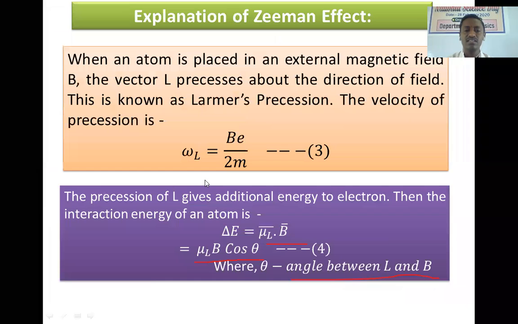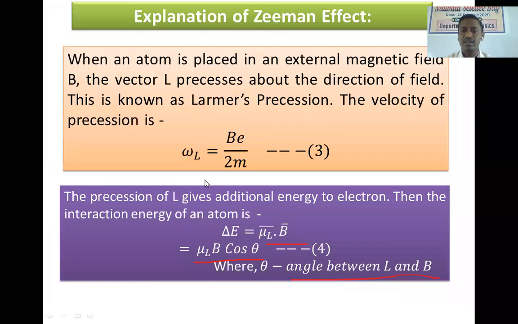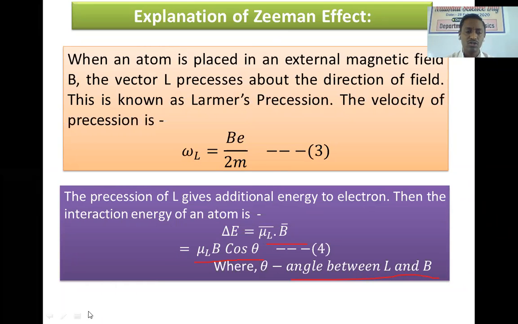Let us see equation 3. Equation 3 is omega L, the additional velocity possessed by the electron, or the velocity of precession of vector L. Omega L equals B e upon twice m.